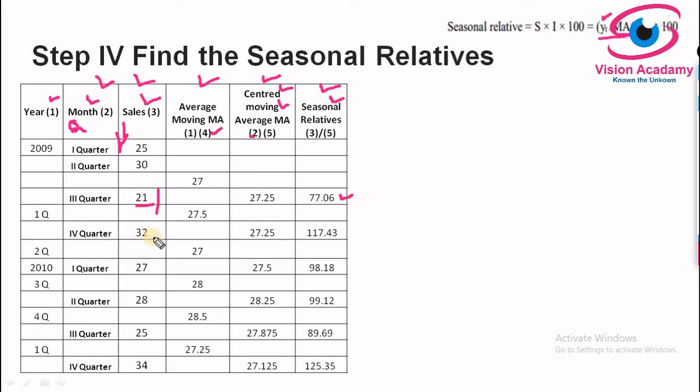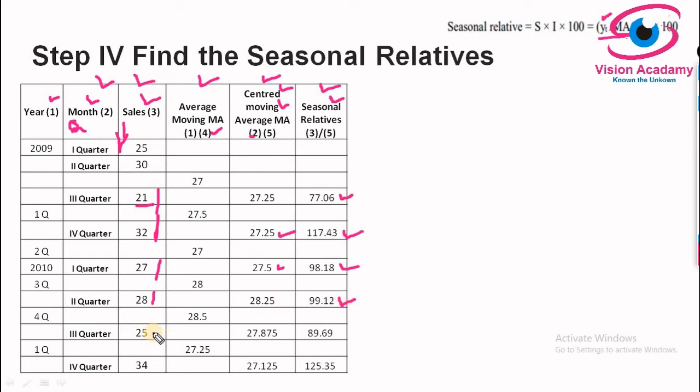For the second seasonal relative, 32 divided by 27.25, which is 117.43. Third seasonal relative, 27 divided by 27.5, which is 98.18. Fourth seasonal relative, 28 by 28.25, which is 99.12.